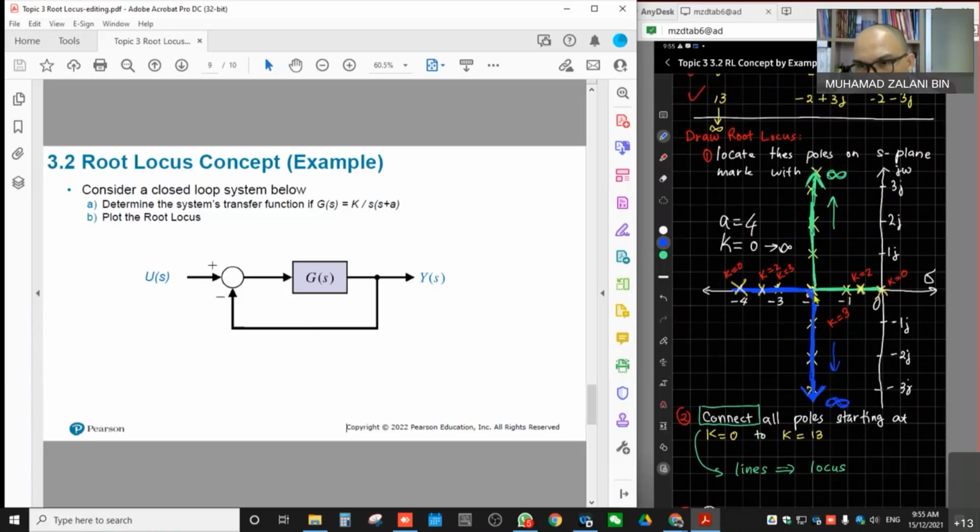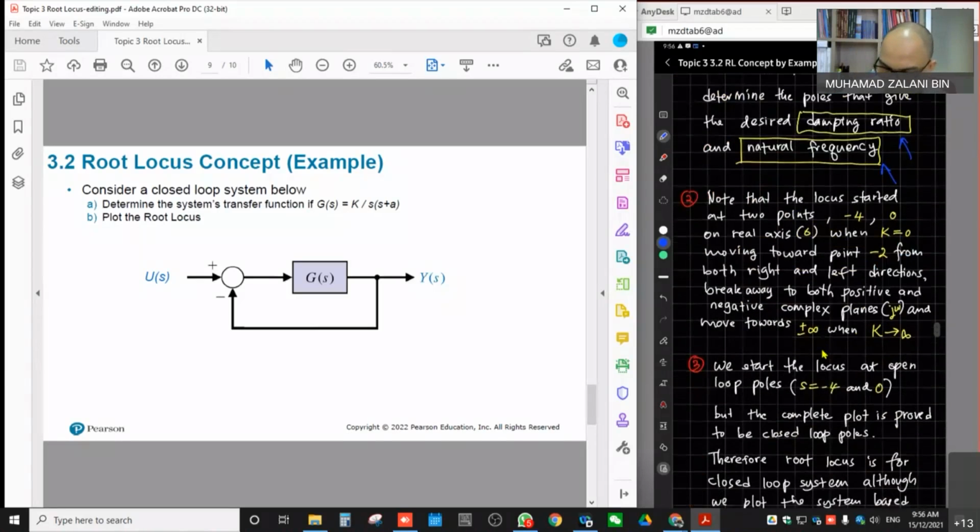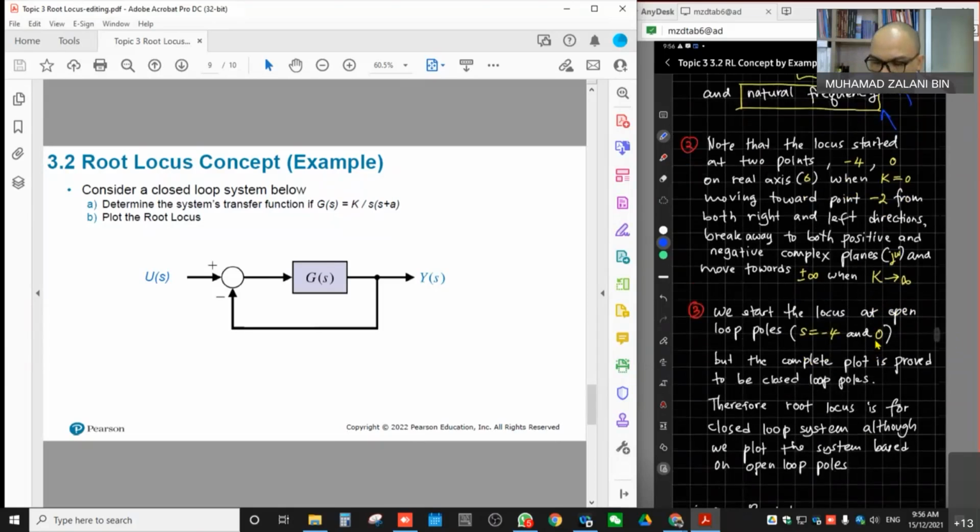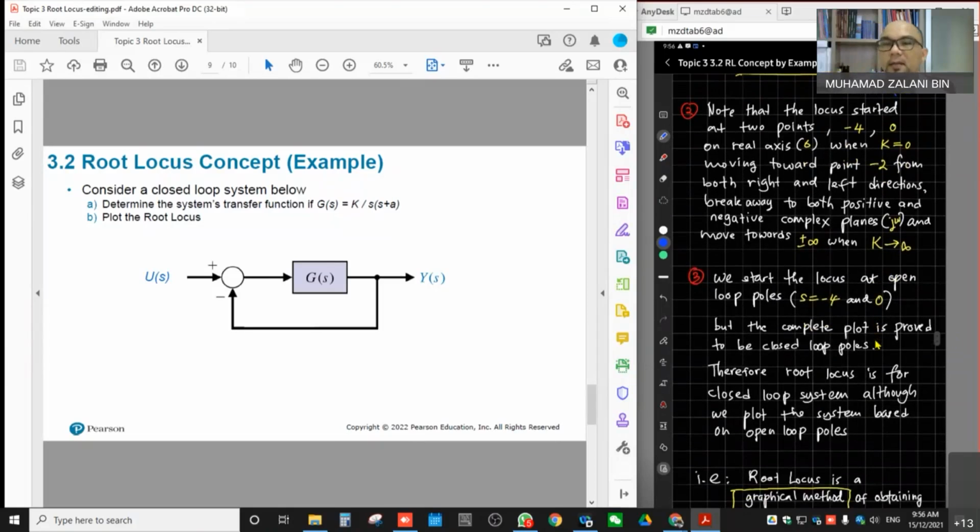Yang ni pun sama, pergi ke sini dan dia break out. Okay, break out ke arah complex plane, ke arah J omega, sehinggalah bila K tu mencecah infinity, then kita dapat nampak satu ke atas, satu ke bawah sehingga infinity.